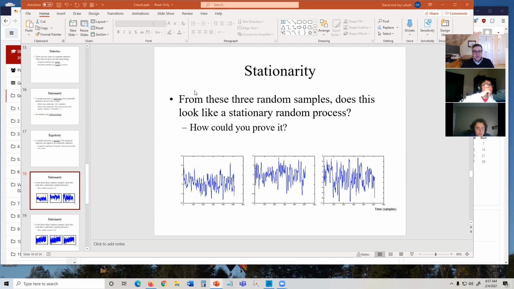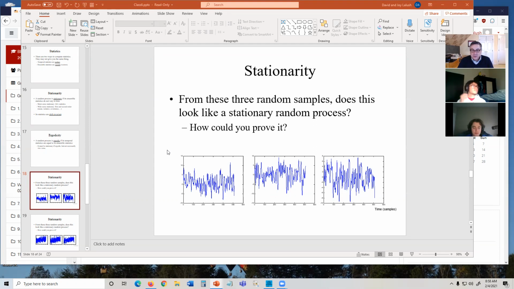Okay, couple more. And it's in. And there's the results. So most of you voted that it appears to not be stationary.